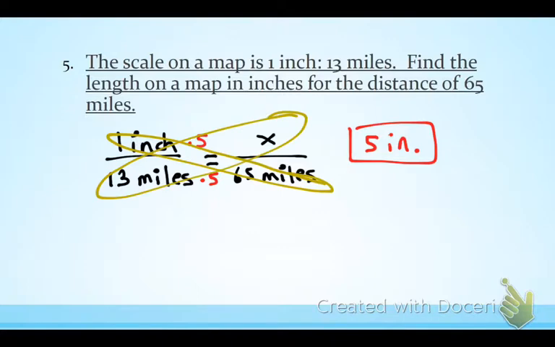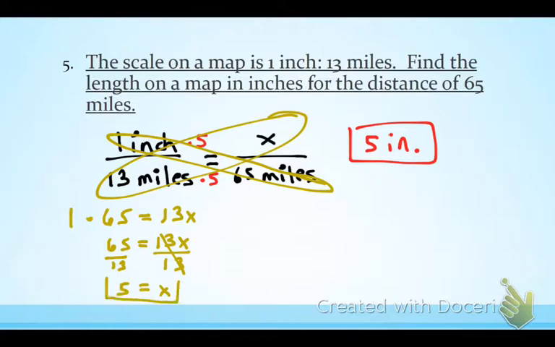So 1 inch times 65 equals 13x. You have to divide both sides by 13, and what do you get? 13 divided by 13 is 1, so x, and 65 divided by 13 is 5. Notice he got the same answer.